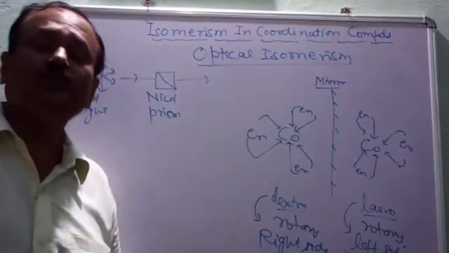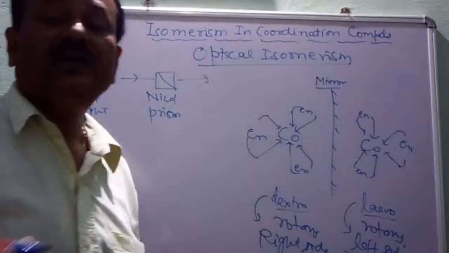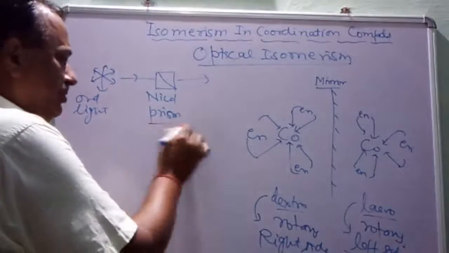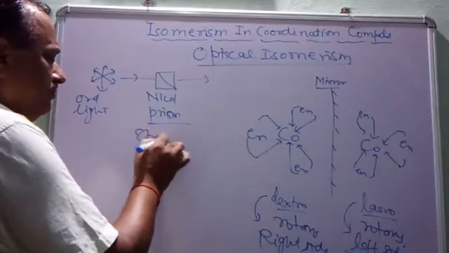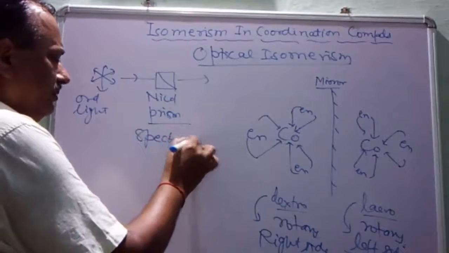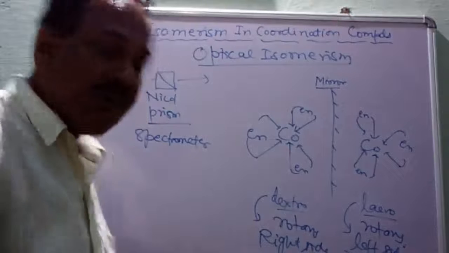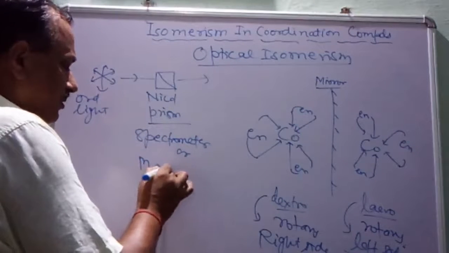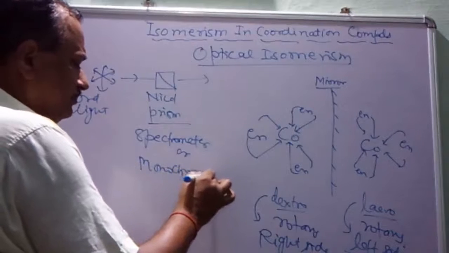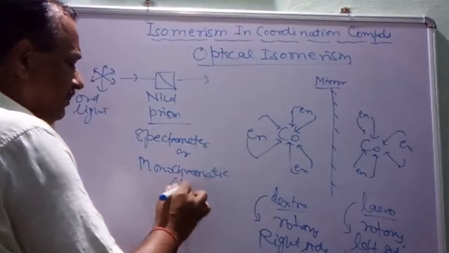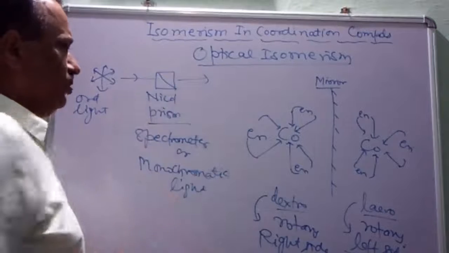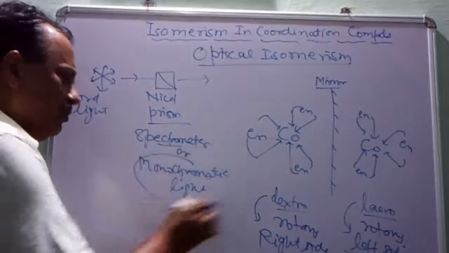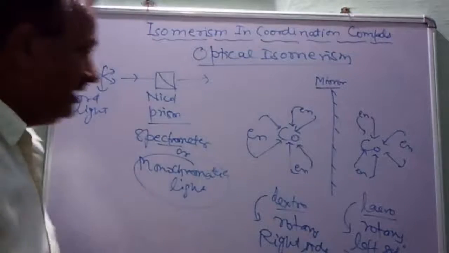In place of the Nicol prism, we may use a spectrometer, or we may use monochromatic light. Either Nicol prism, spectrometer, or monochromatic light can be used.